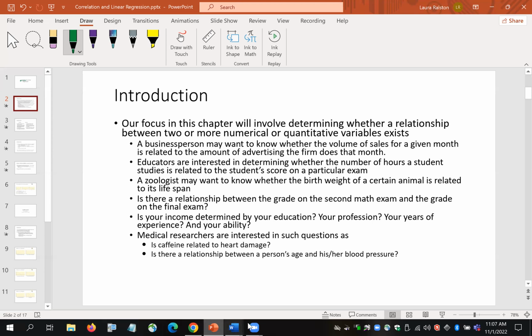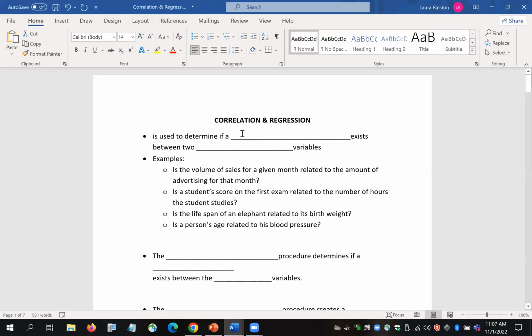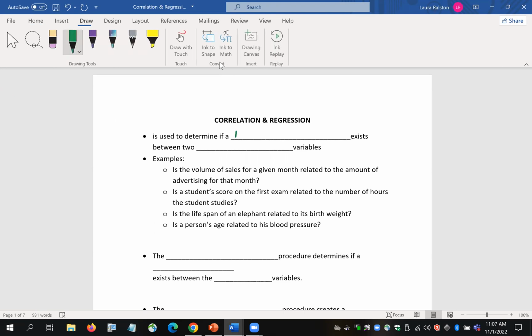So again, the idea of correlation, and I'm going to go over to the fill-in-the-blank notes. The idea here is that it is used to determine if a relationship exists between two quantitative variables.